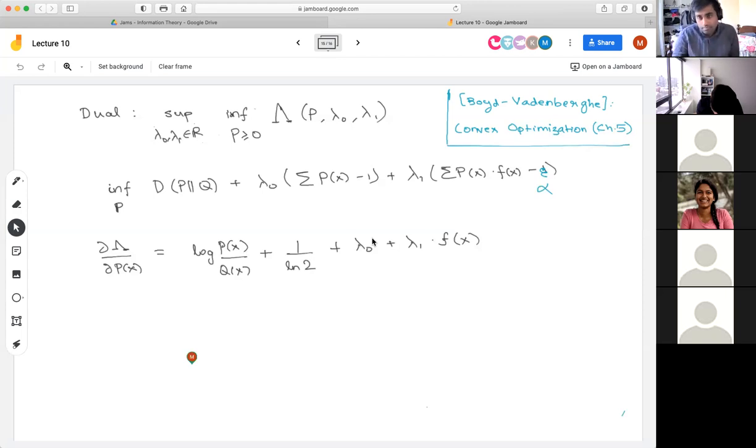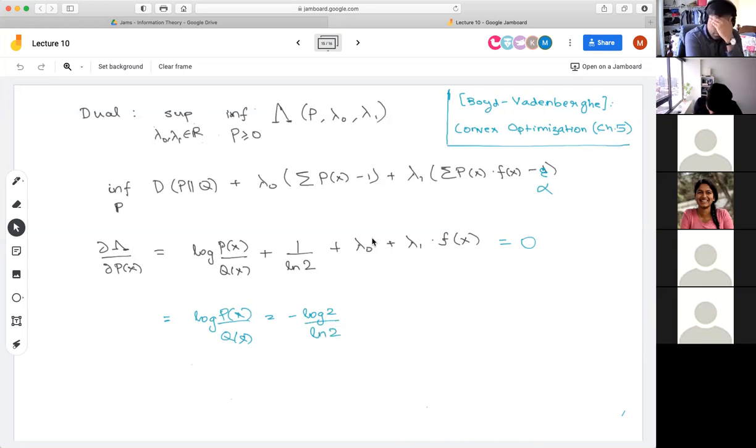And if we set the derivative to be 0 at the minimizer, we get a relatively nice condition that log P of X divided by Q of X is equal to minus log 2, ln 2.